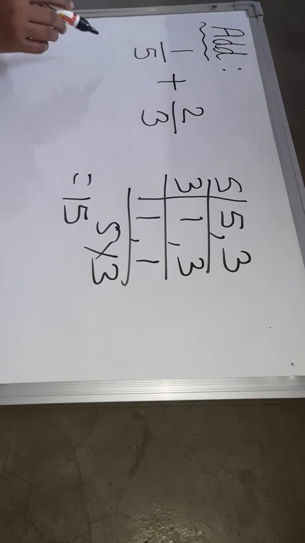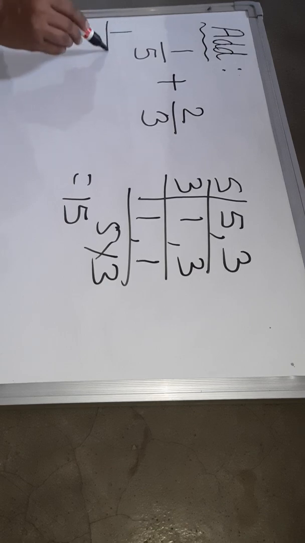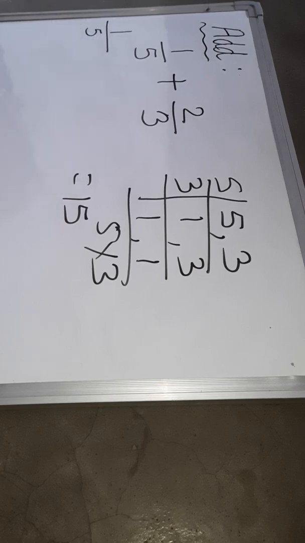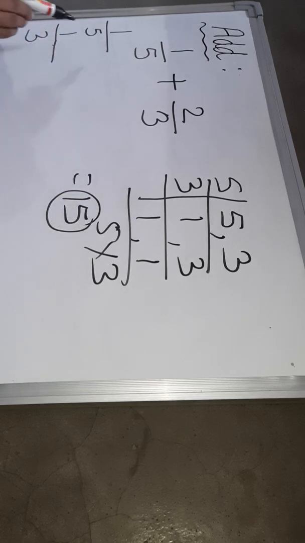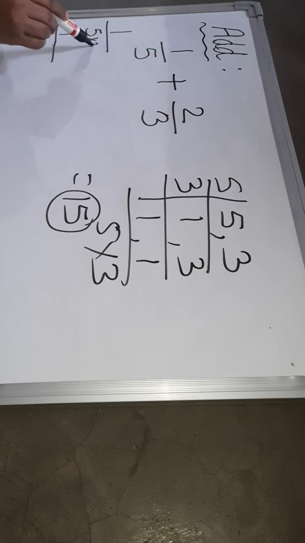Now make like fractions. How to make? Take the first fractional number. You have to make the denominator equal to the LCM. Read the table of 5 and reach till 15. 5 3 times is 15.